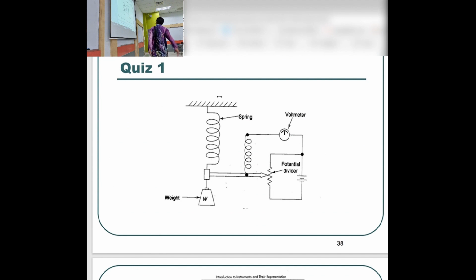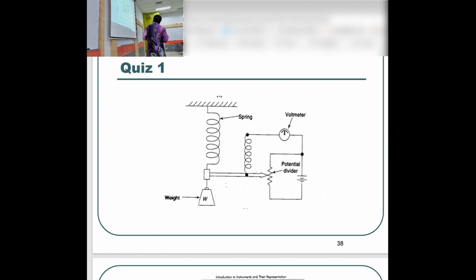Alright, so this one is the same. Which one is the sensor? First we need to find what this is. This is a weight measurement system. Okay, so we have a weight here and we have to measure how much the weight is.